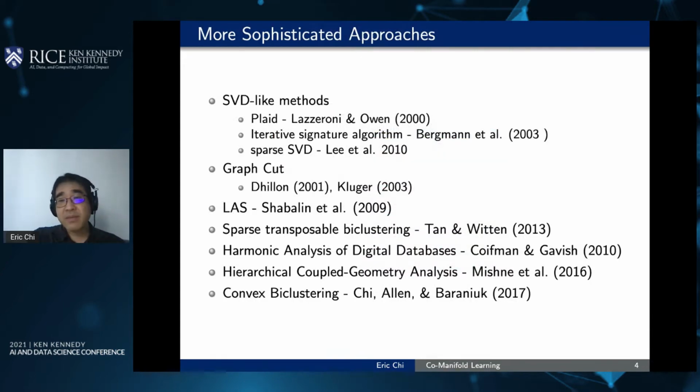There's just a sampling of different references. I just want to highlight one particular work with Genevera Allen and Rich Baraniuk in Rice ECE, where we posed the problem of biclustering as a convex optimization problem. I bring this up for a couple of reasons, but one is that this is going to be an algorithmic building block for the method that I'm going to talk about today.